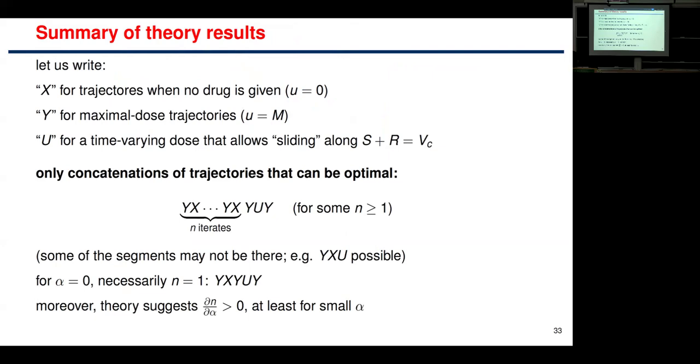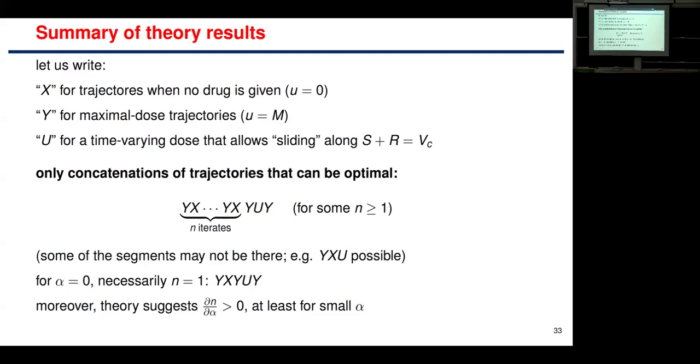And capital U, just for simplicity, is a time varying dose that allows you sliding along the critical line. Then the theorem is that the only trajectories that can be optimal are bang bangs: last bang, sliding, another bang. Okay, so that's a theorem.